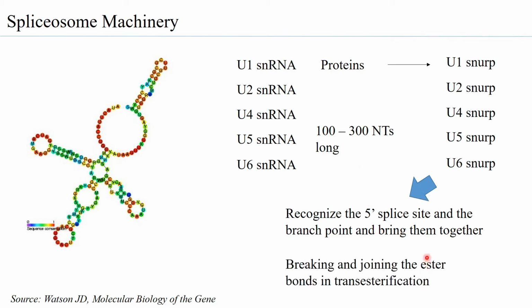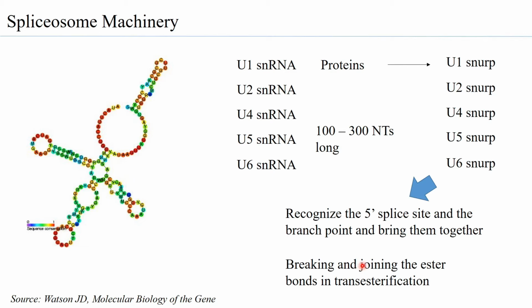And the third job, of course, is to carry out the transesterification reactions, which is breaking of one ester bond, and the energy that is released on breaking that ester bond is used to form the other ester bond. So effectively, you don't need ATP for the formation of the ester bond, but of course you need ATP for other purposes, like for example conformational changes or RNA-protein interactions or protein-protein interactions.